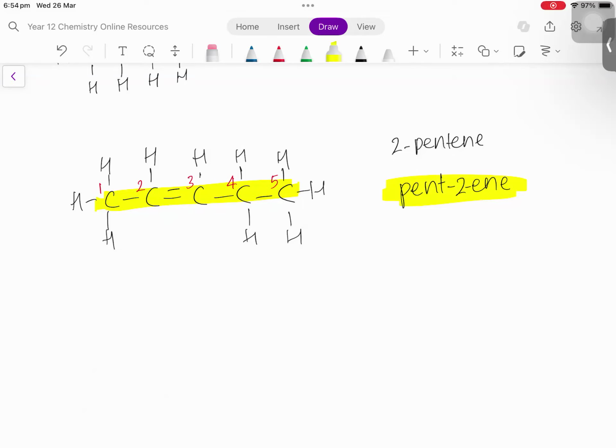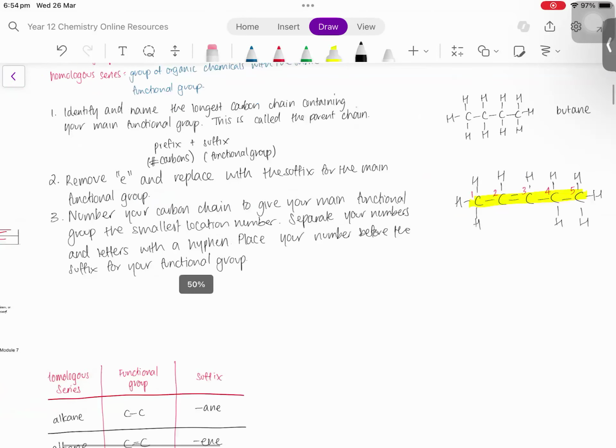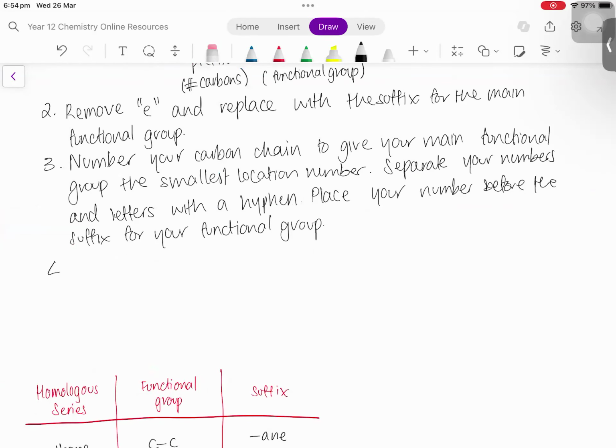You'll see later on when we make it more complex that putting it in the middle is going to be easier. The first way doesn't work if your structure starts getting a little bit complicated. So this is pent-2-ene.